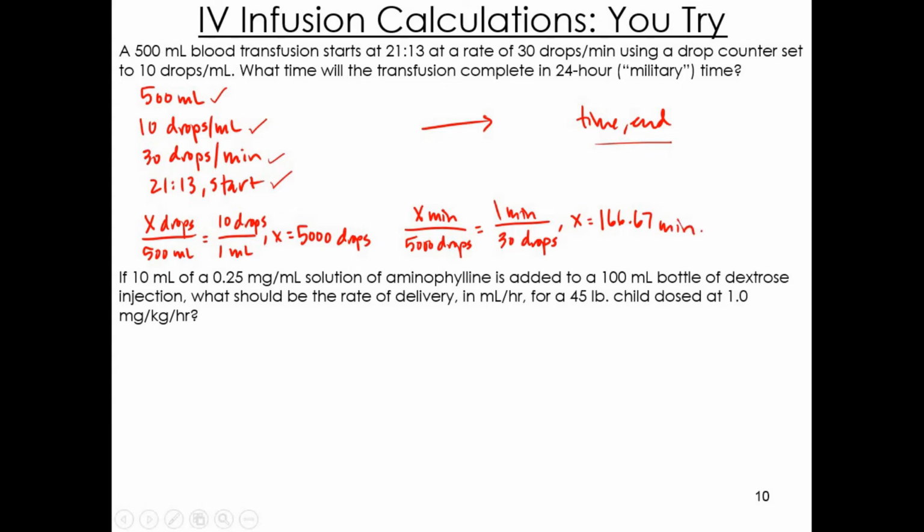And then we have to figure out how to convert that to hours and minutes. And so I just start by asking how many hours in 166 2/3 minutes. So that tells me there's 2.7 forever hours. So that tells us the number of hours that elapse.